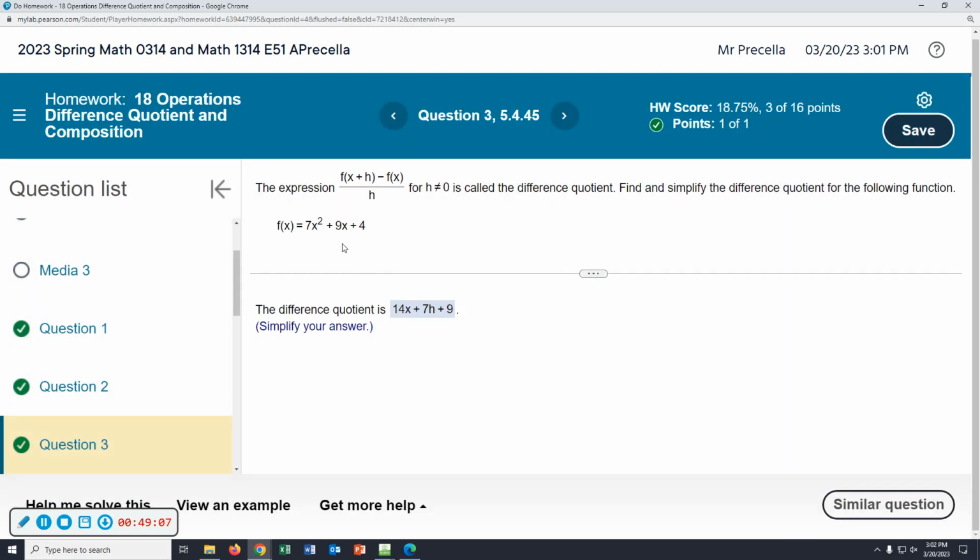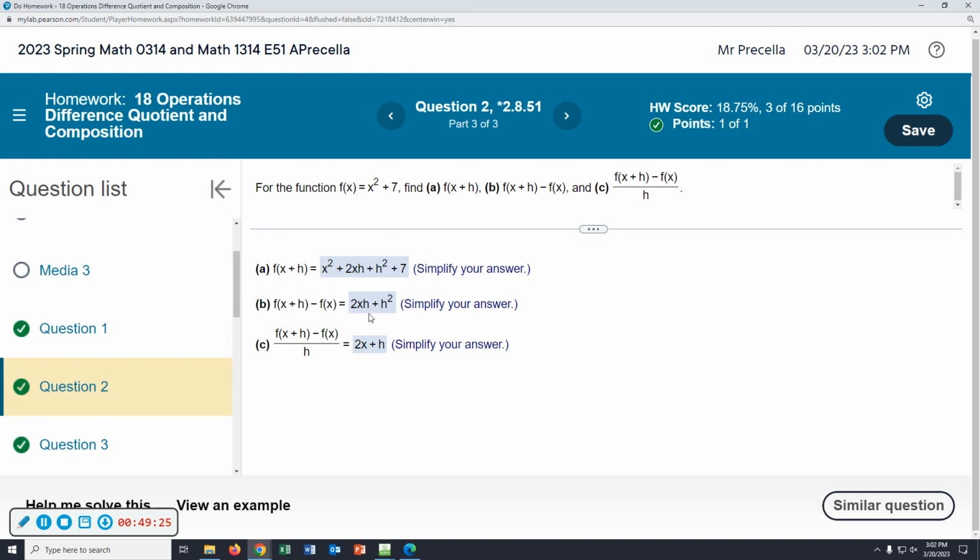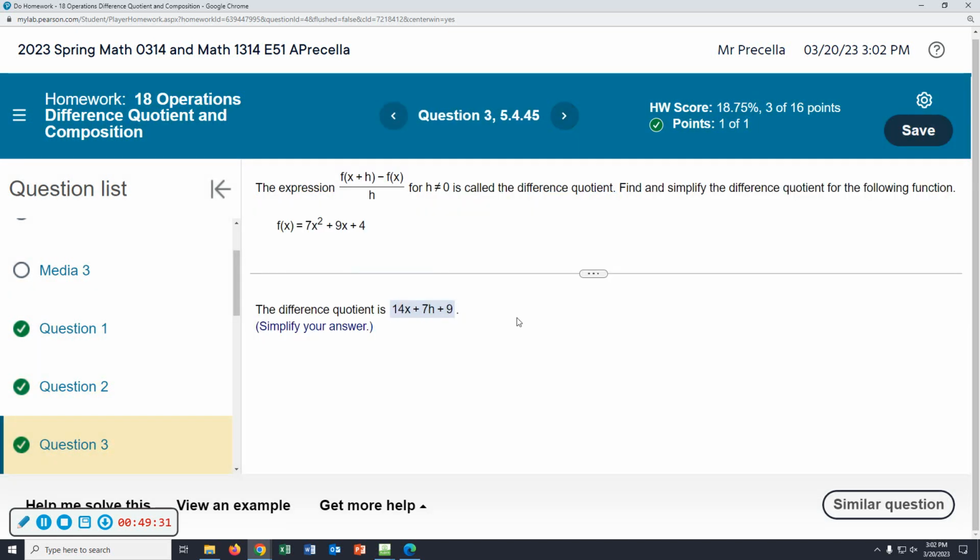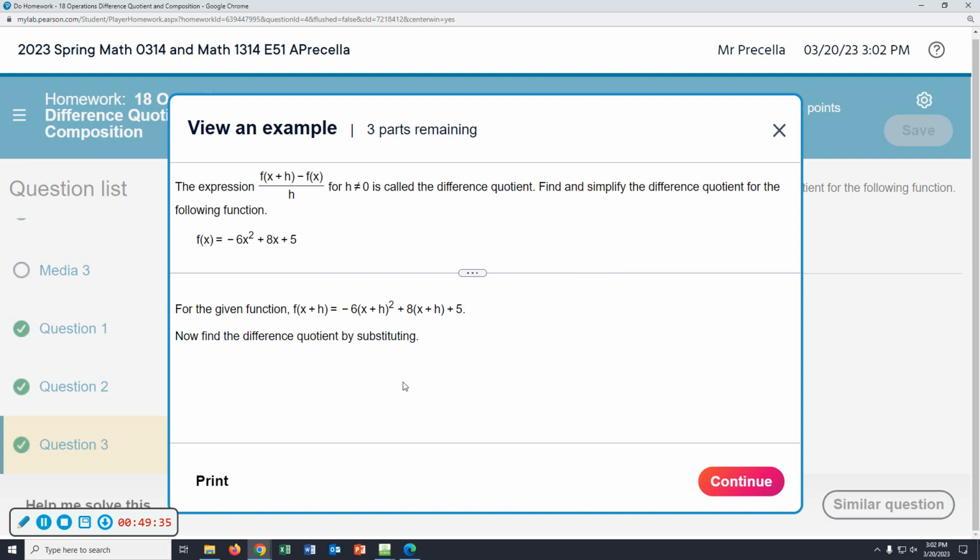Any questions on that? Even when they don't tell me to break the problem into 3 parts, if I'm finding a difference quotient, even in a business calculus class, I break it into those three parts that were used in problem number 2. I wonder, if you click view an example, how do they go about it on number 3?